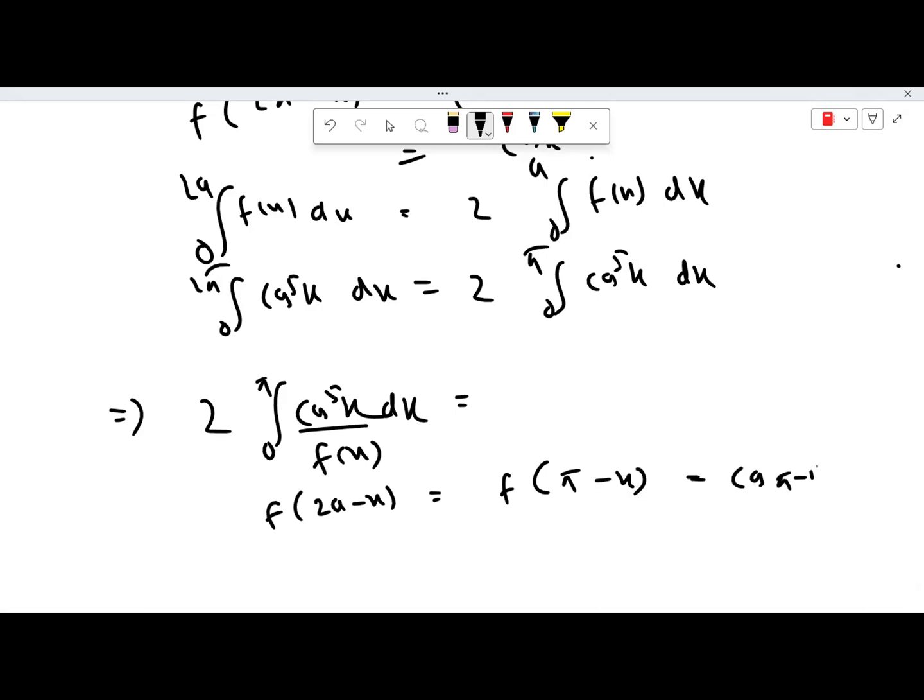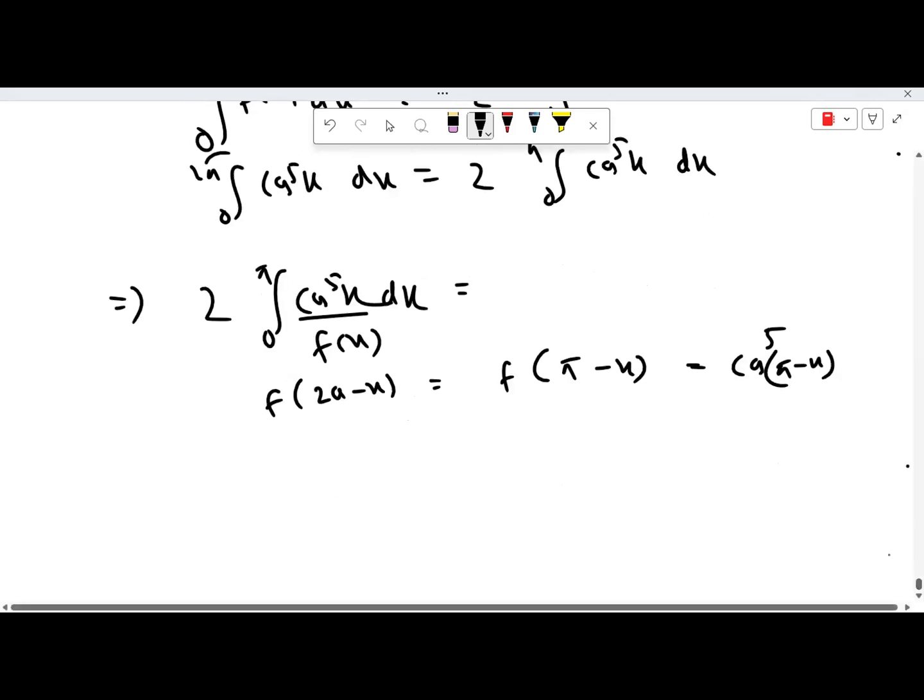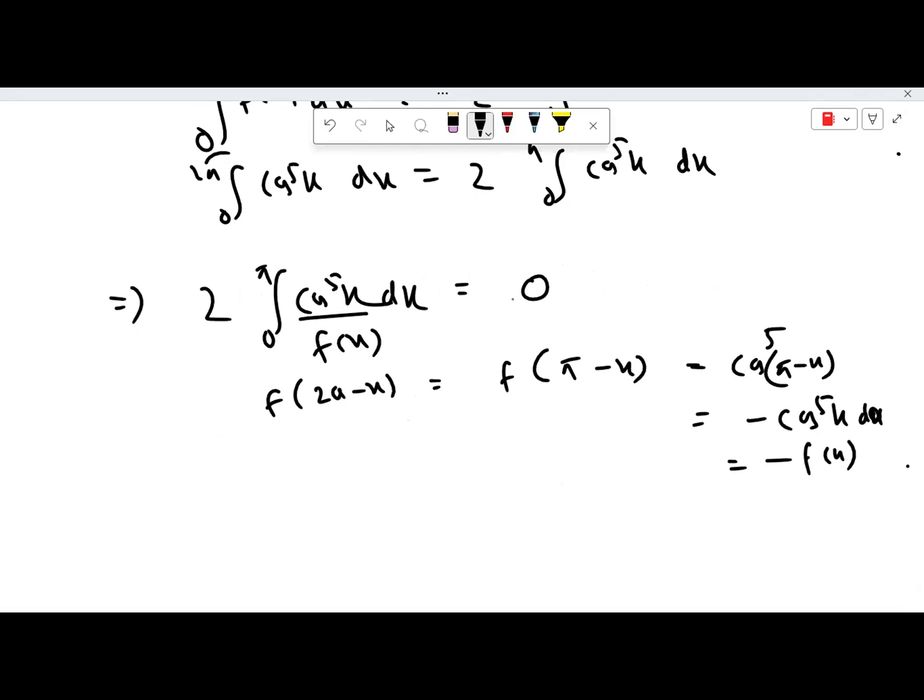So cos of pi minus x to the power 5. And cos of pi minus theta is negative cos theta. So we can say this is negative of f of x. So this integration will be equal to 0. Okay, Deborah?